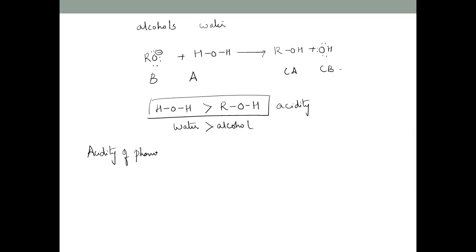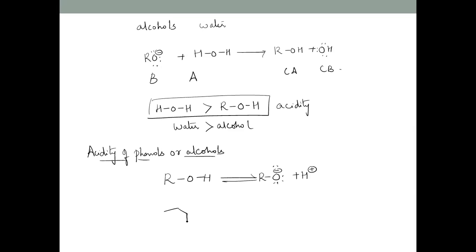So which is more acidic, alcohols or phenols? Let's understand this. This is a generalized reaction. If it's an alcohol, how is ionization taking place here in order for this to lose H plus? This is the reaction.